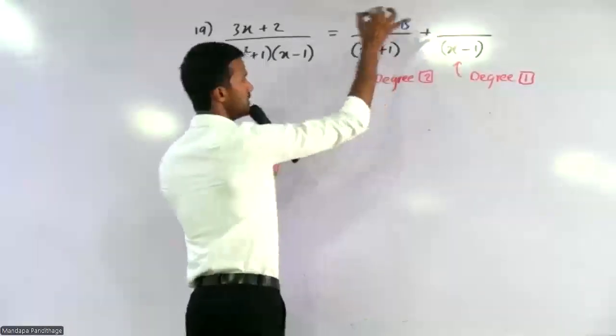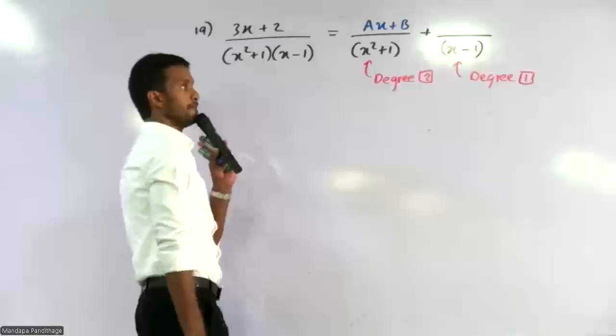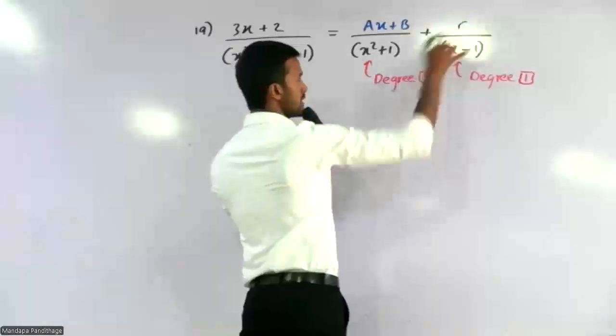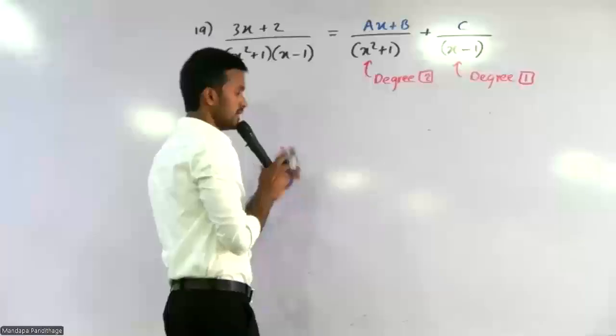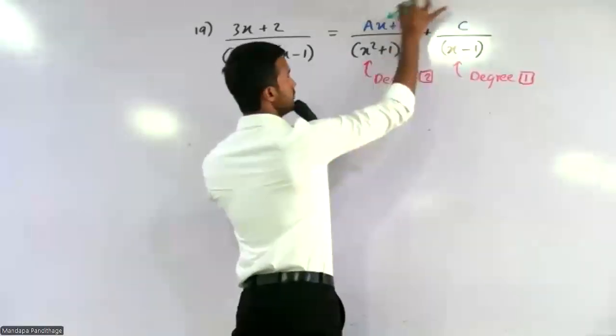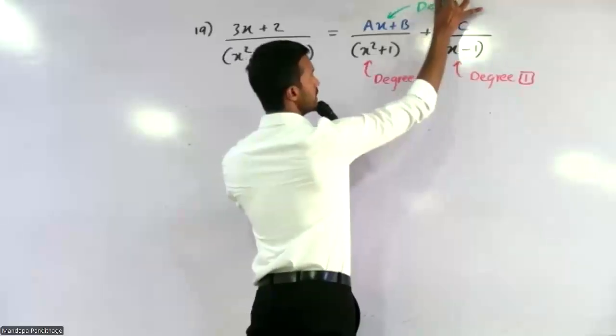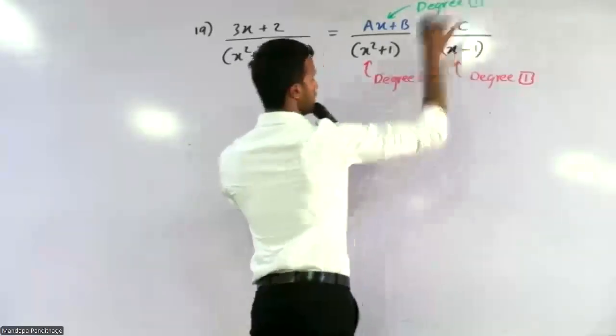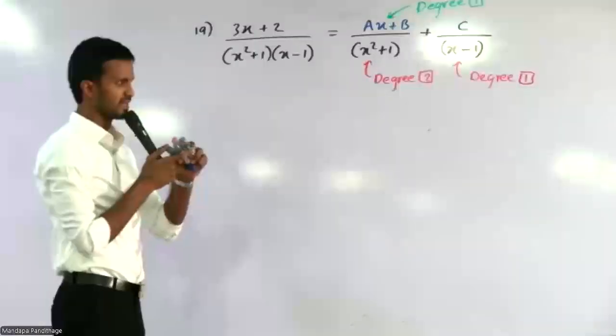That is the only difference here, an additional 1. And then here it's normal, a constant, I'm putting c. Here ax plus b is the first degree general polynomial. The simplification will be the same, but there is a small change.